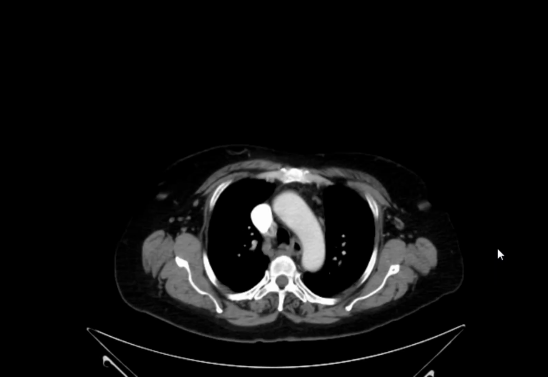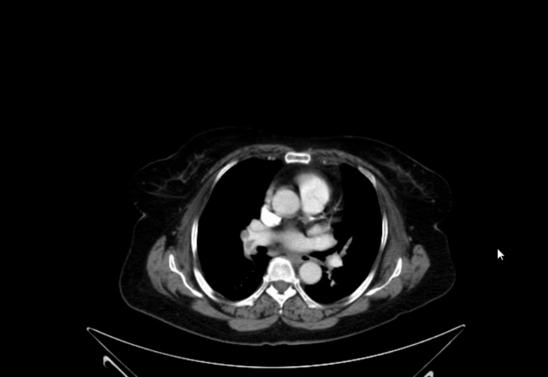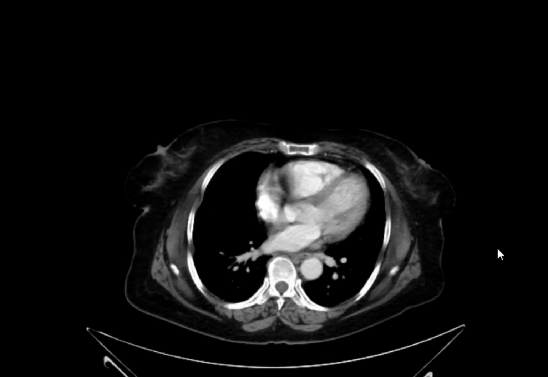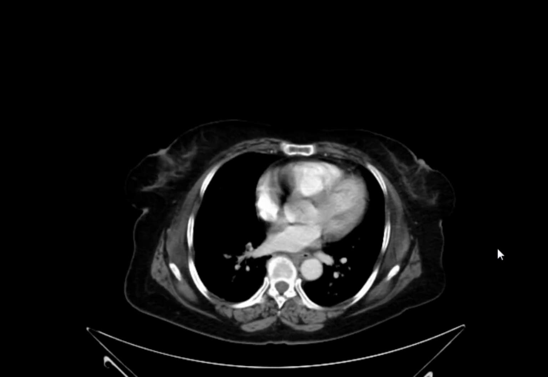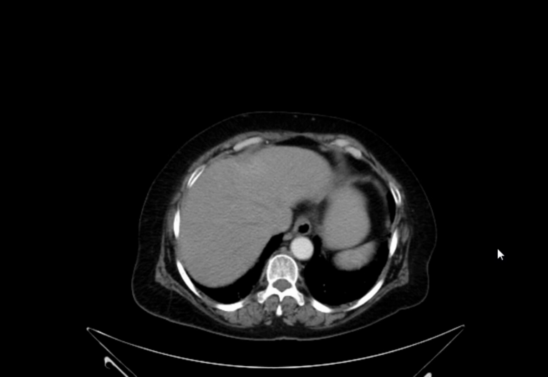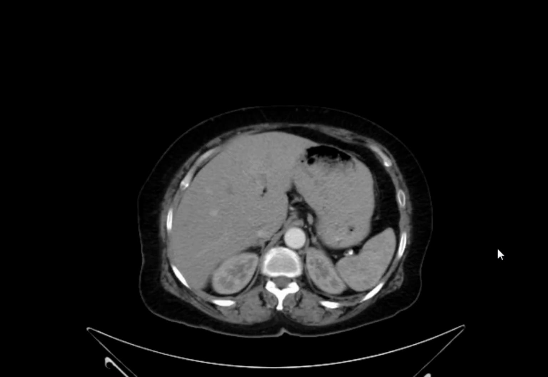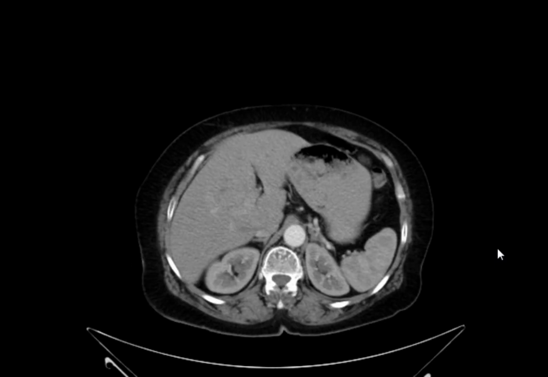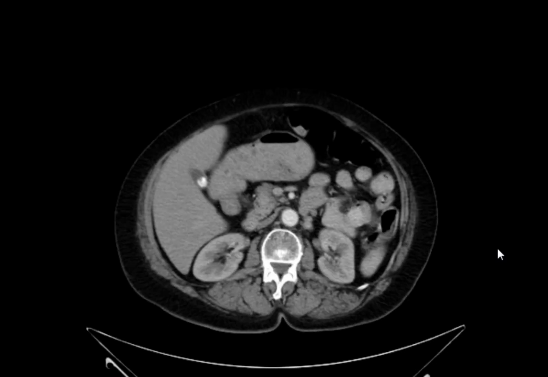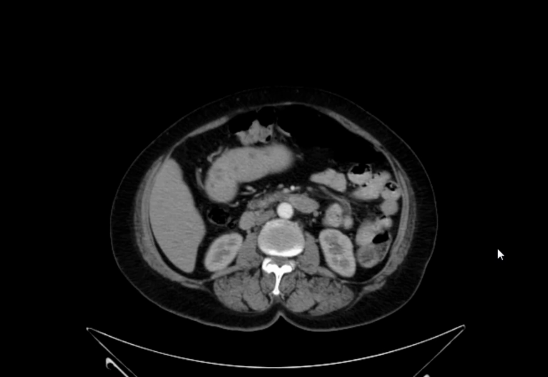So this is a CT section, axial, chest, abdomen, pelvis CT scan, soft tissue window with contrast, showing... What do we have?